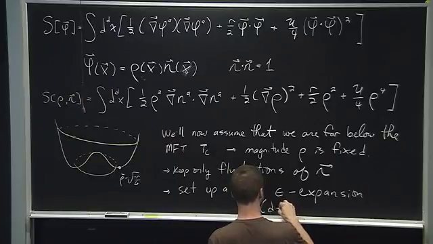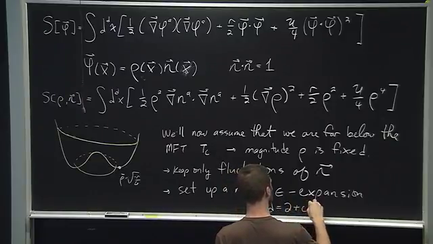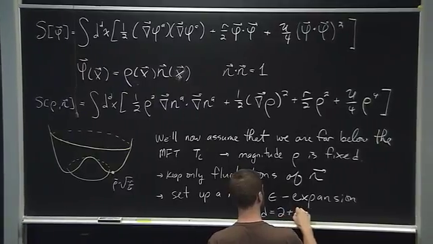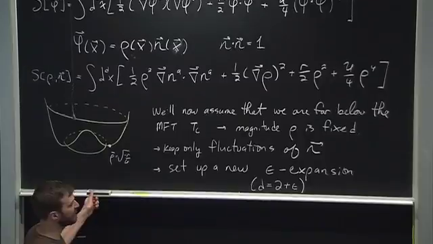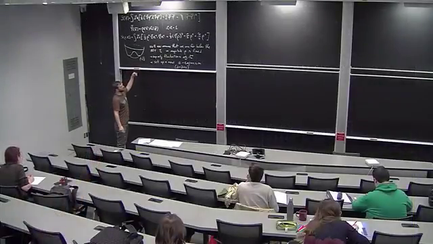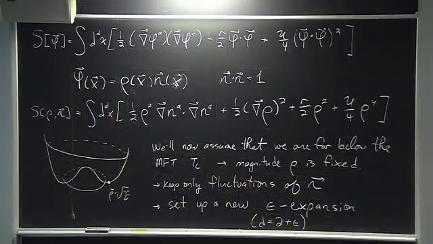So let's say d equals 2 plus epsilon. And so epsilon is going to be the small parameter in the expansion. So it's like we're expanding around 2 dimensions.